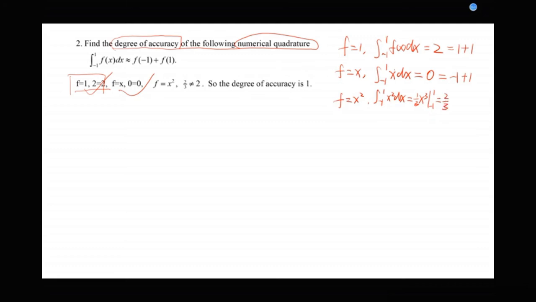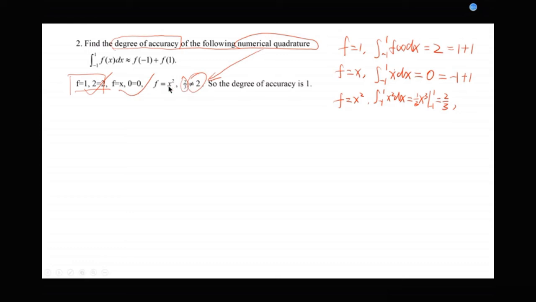So the exact integral is 2 over 3. However, if we check the numerical quadrature for f equal to x squared, then (-1) squared is 1, plus 1 squared is 1, so the numerical quadrature is 2. 2 is not 2 over 3.